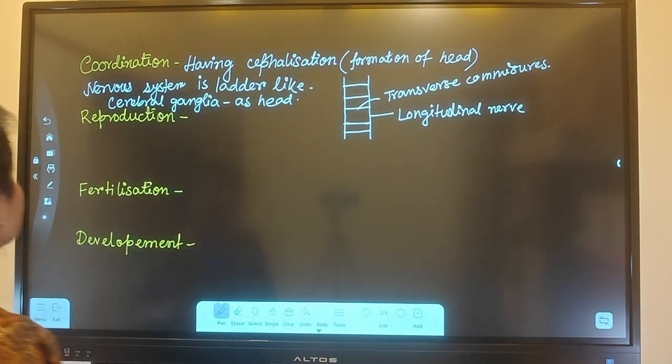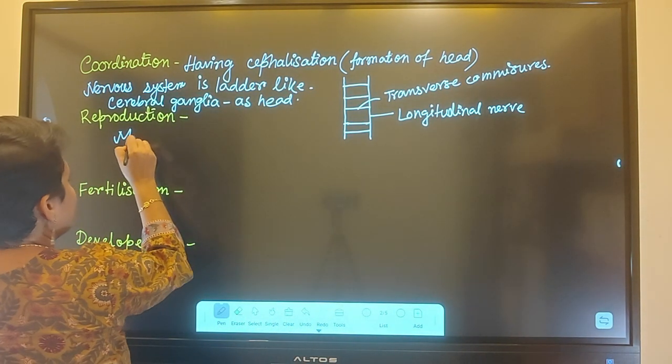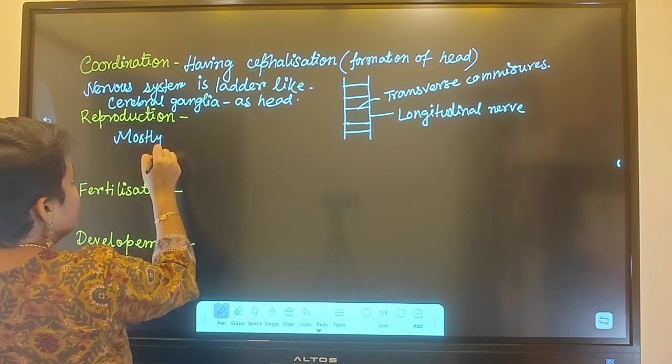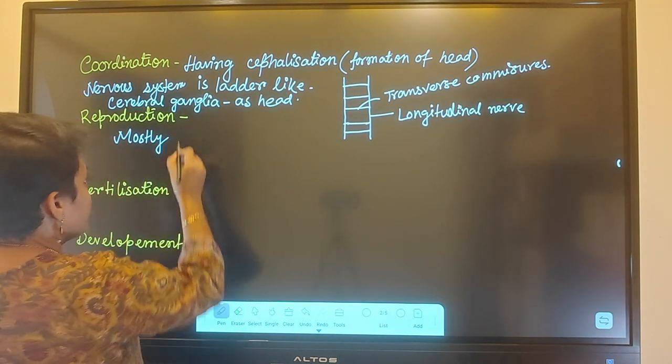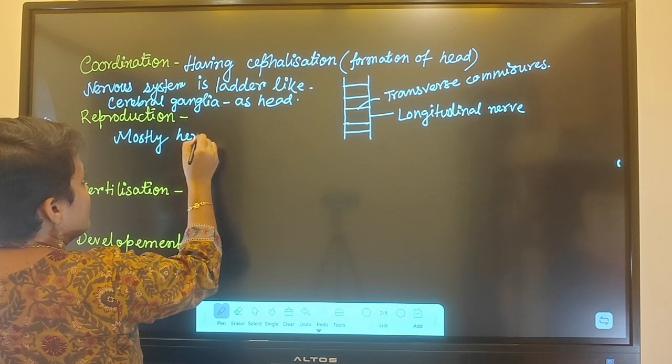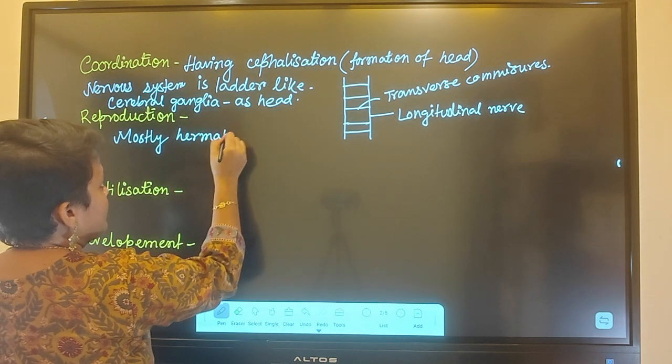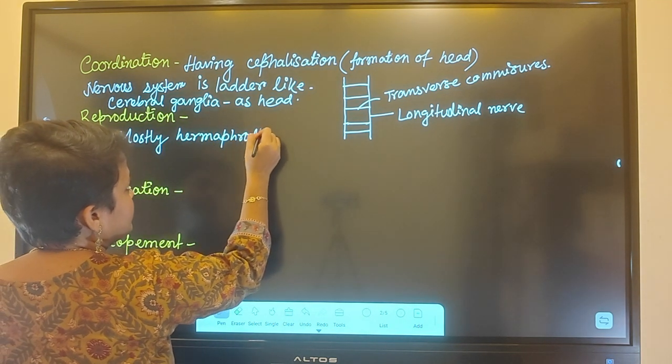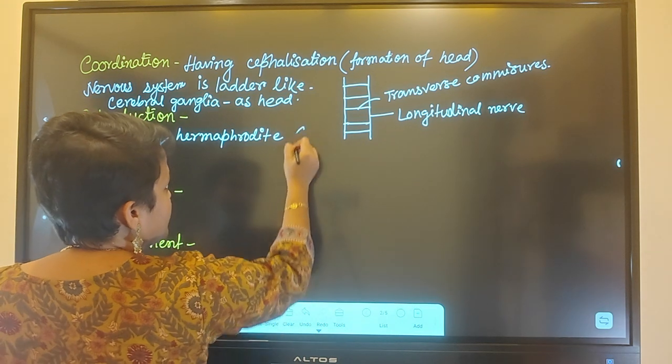Coming to reproduction, mostly they are hermaphrodite, but there is an exception.